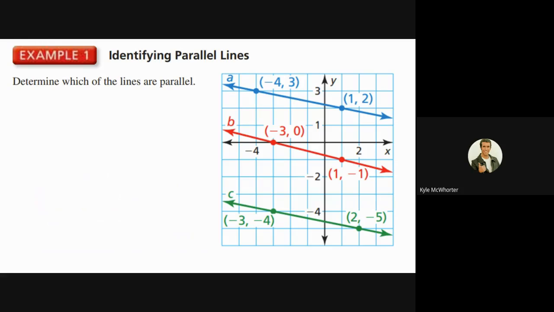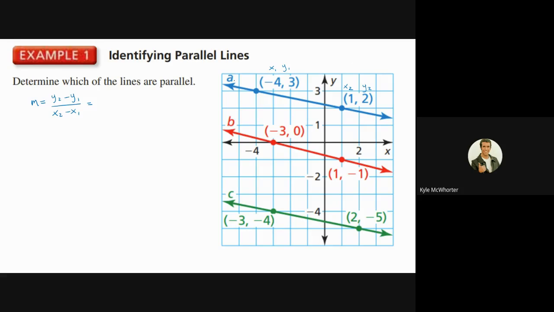So then we figure out which of these are parallel by finding the slope of each one. So for this first one, we could find the slope. If I just say x1, y1, x2, y2, then I can use my slope formula, right? y2 minus y1 divided by x2 minus x1 is the slope.